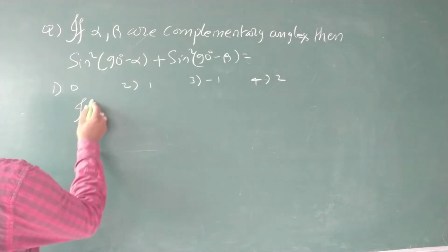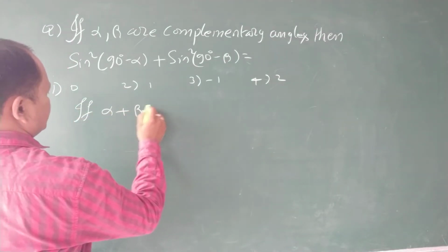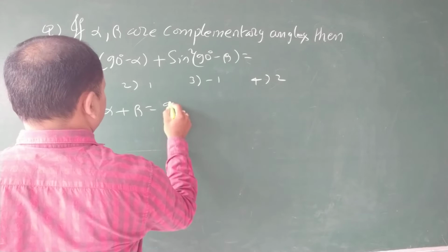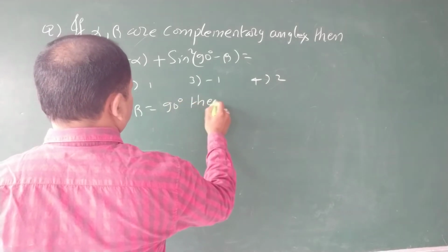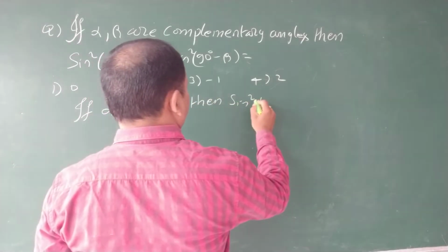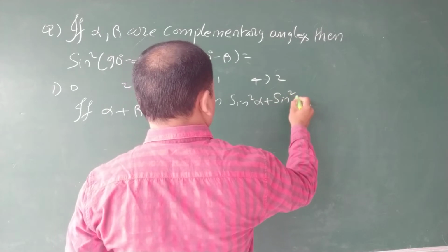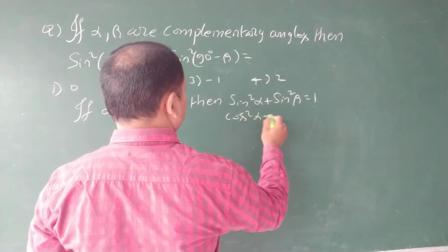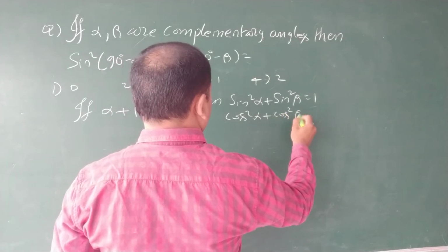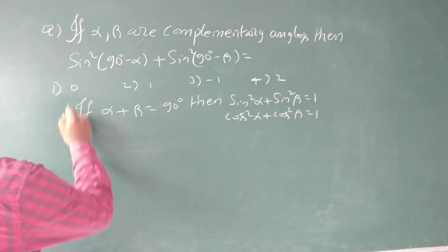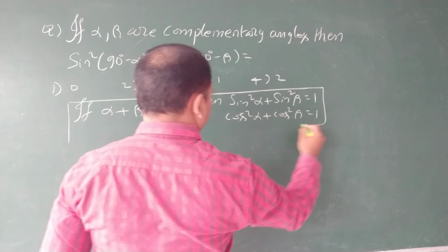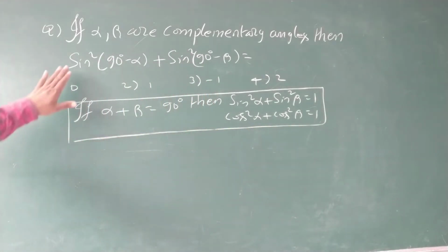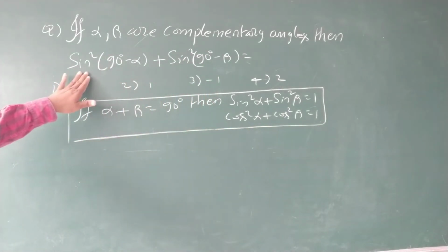According to the concept, if alpha plus beta is equal to 90 degrees, then sin square alpha plus sin square beta is equal to 1 and cos square alpha plus cos square beta is equal to 1. That's why from this concept you have to write. Observe, this is 90 minus theta.